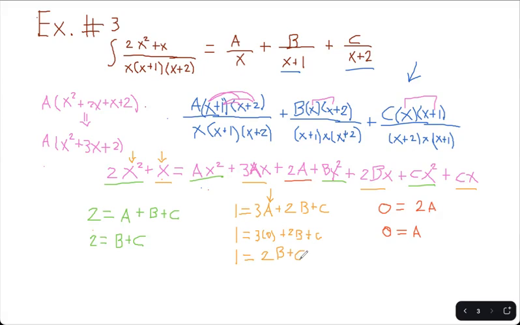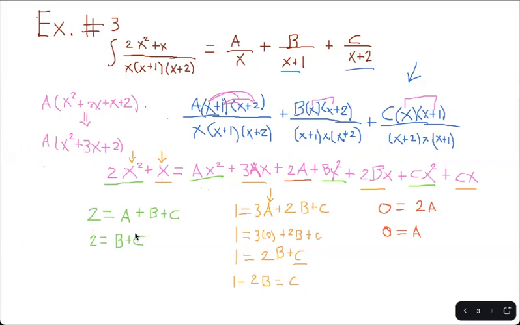What do we do in respect to this? Let's isolate the c, right? Let's find c. 1 minus 2b equals c. Let's try to find c first. Let's make this equation.